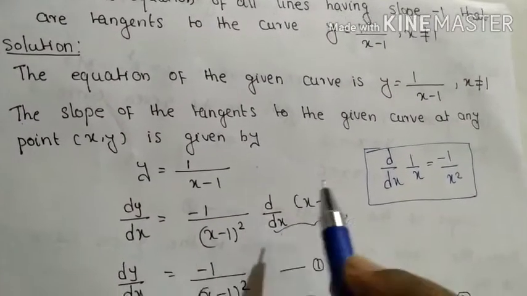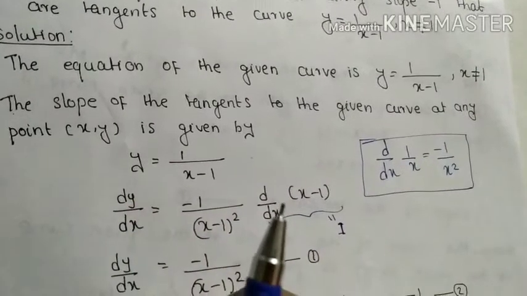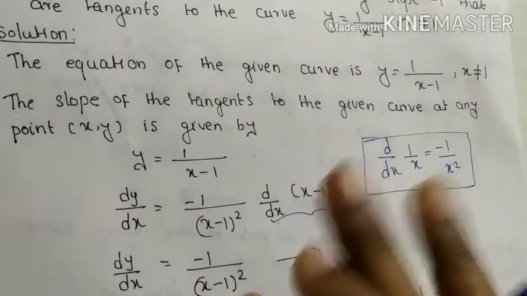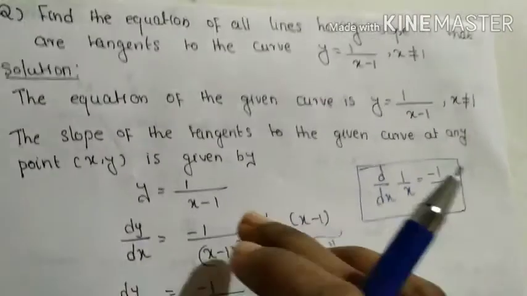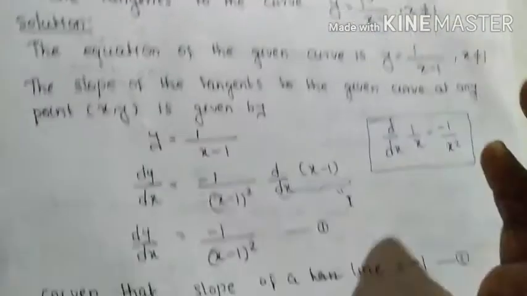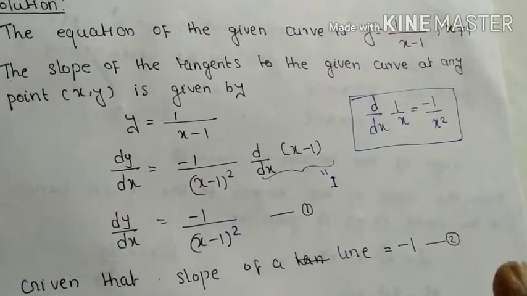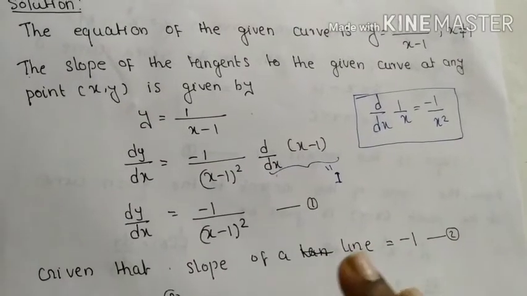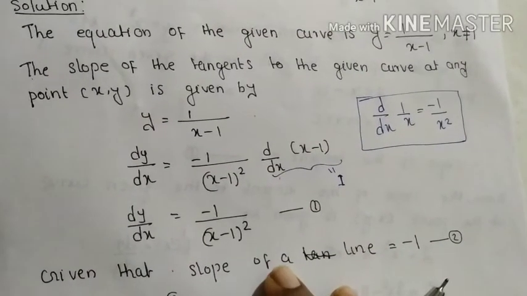So the final dy by dx will be minus 1 divided by x minus 1 the whole square. Let us name it as equation number 1. Given that the lines have slope minus 1, name it as equation number 2. So here we get two slopes of a line.